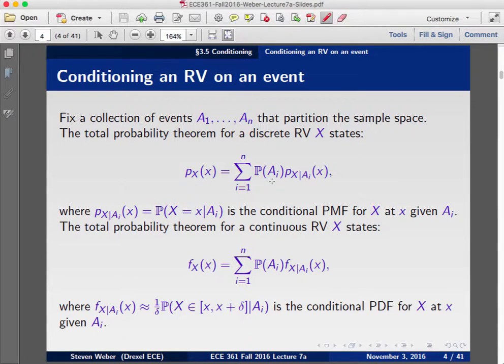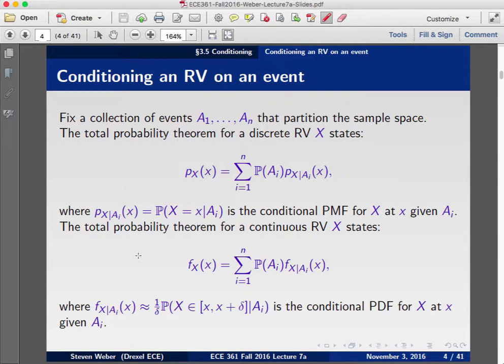And the motivation for considering the total probability theorem has always been the following: that we start with a complicated event, namely the probability that the random variable X takes value little x, and we simplify it with a larger number of simpler events and probabilities. In particular, if we know that A_i is true, the idea is that if we choose the A_i's correctly, we'll be more easily able to assess the probability that the random variable X takes on the value of interest, little x.